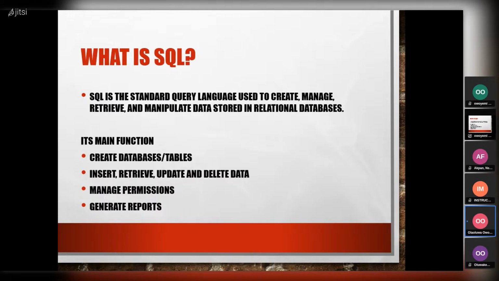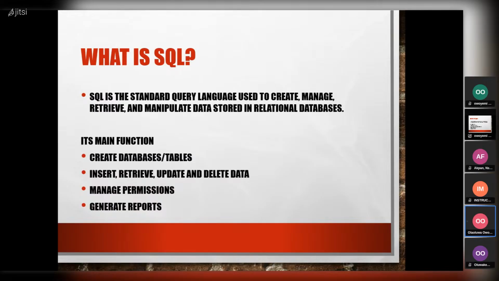When we say a relational database, it is data that is linked together and arranged, and that is when we can use SQL. If the data is not arranged, it will be difficult for us to do the manipulation. It also enables users to communicate with the database by writing commands and queries to insert, update, delete, and retrieve data efficiently. What are the main functions of SQL?